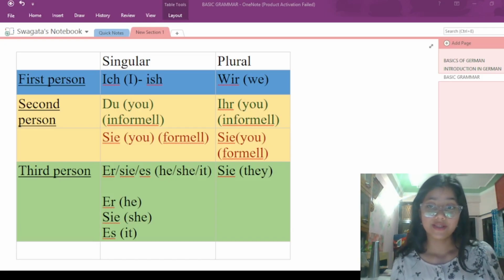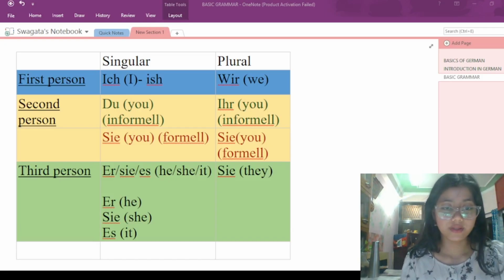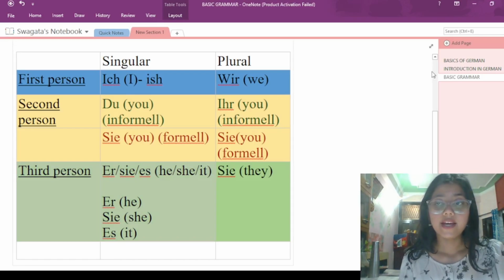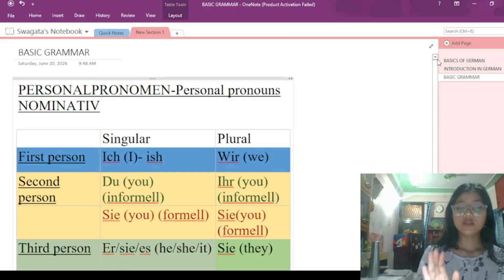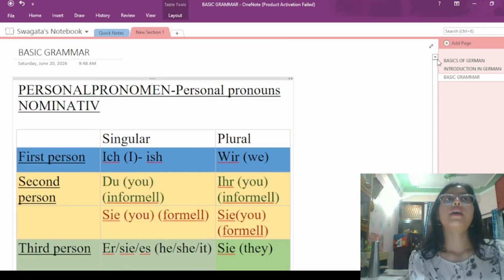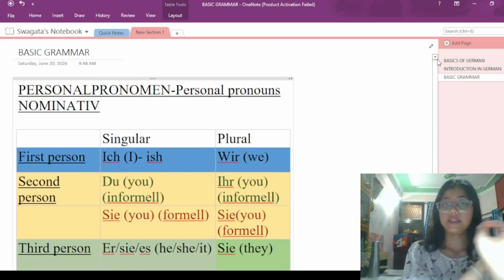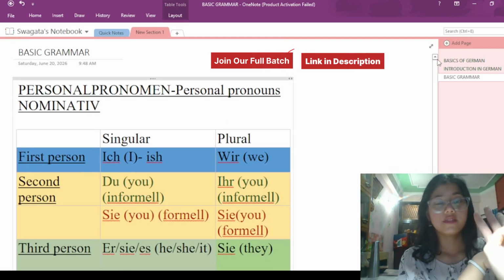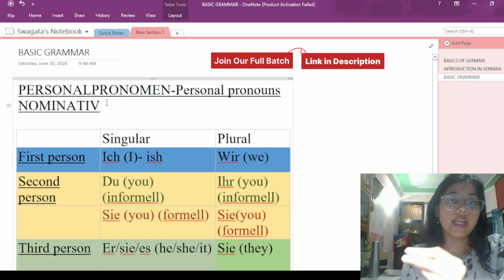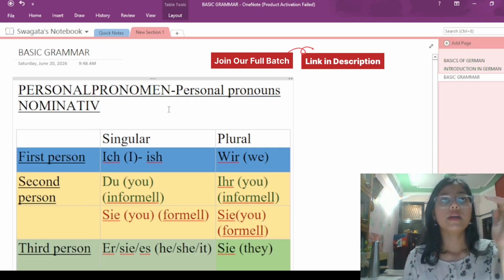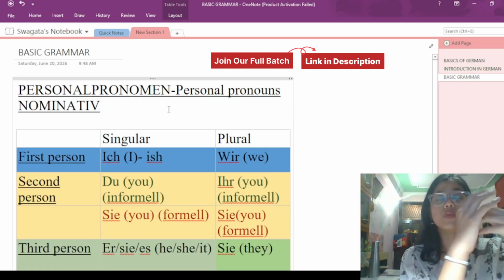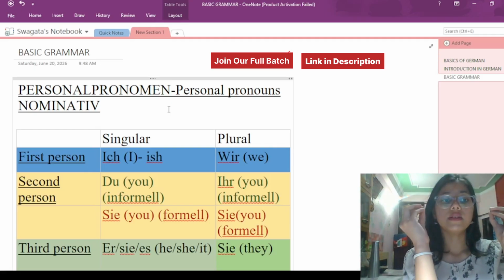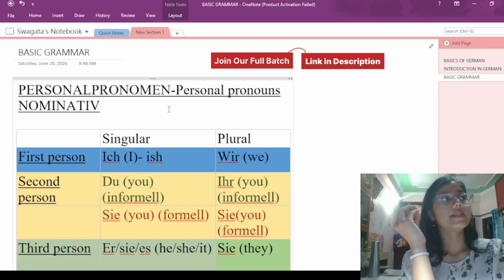The personal pronouns auf Deutsch, the personal pronouns in German. We have four cases in the German language. They are nominative, accusative, dative, and genitive. Out of these four cases, the most basic and the most necessary one is nominative.